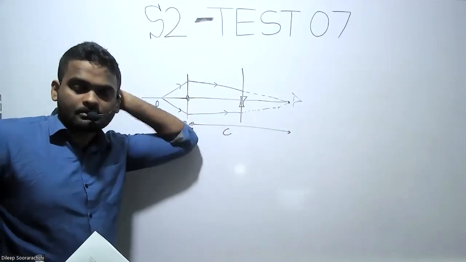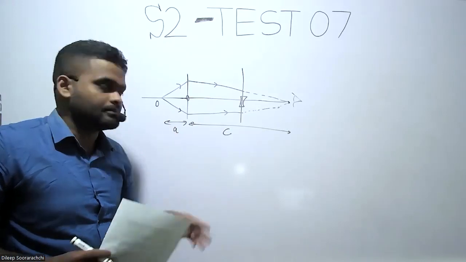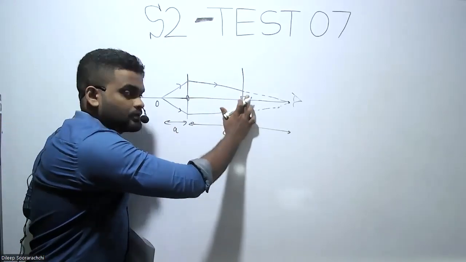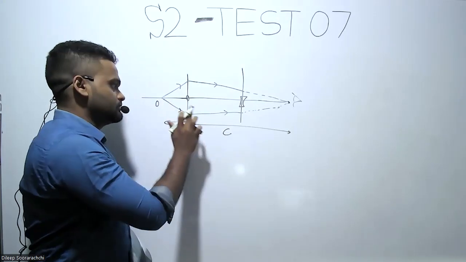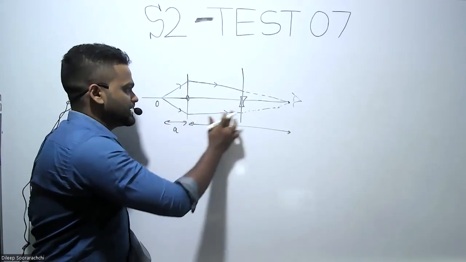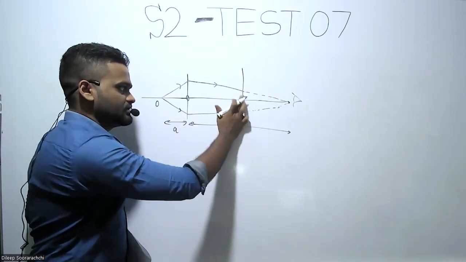First, you have to think about only one lens at a time. Just forget about this for now. Only think about the convex lens. So it just forms an image here by the convex lens. Just forget about this one for now.